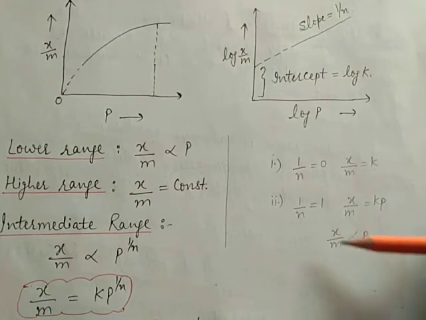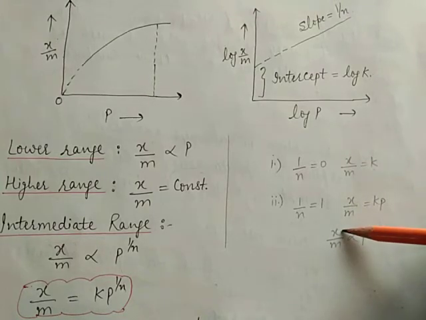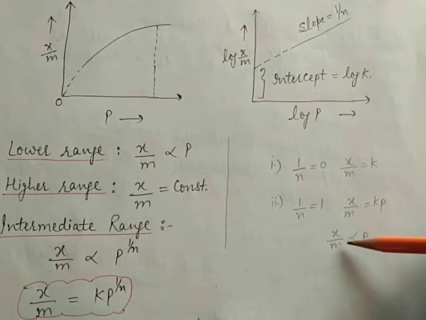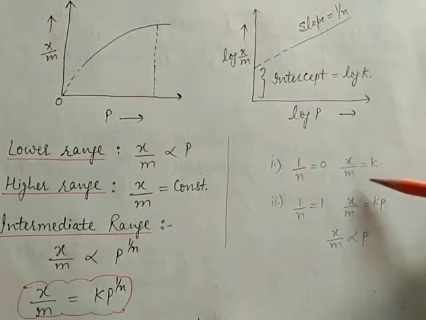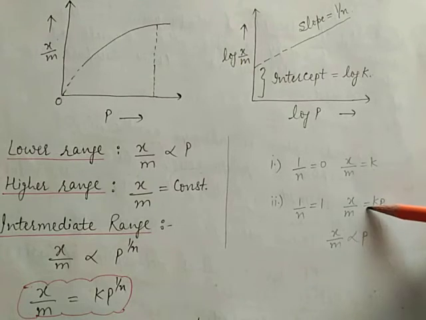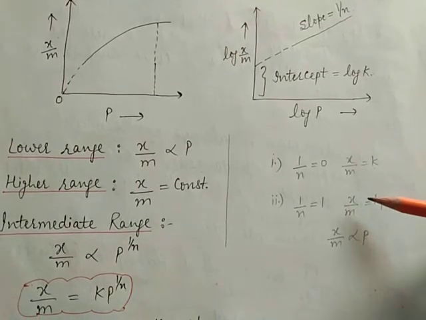It means x by m is directly proportional to pressure. It means if the pressure increases, then the magnitude of adsorption also increases. So these two observations take place according to Freundlich.